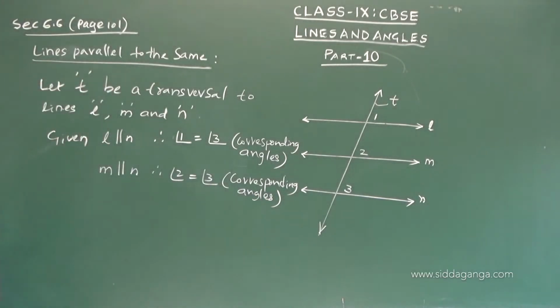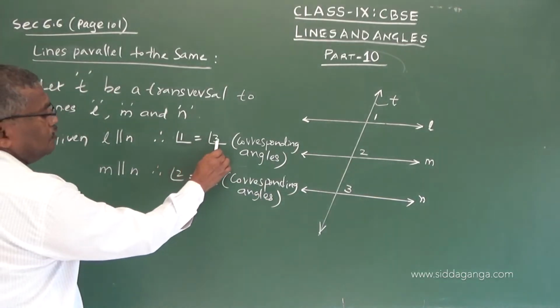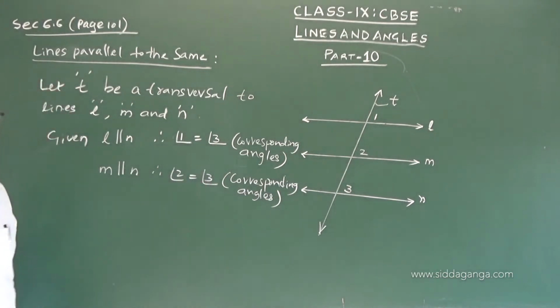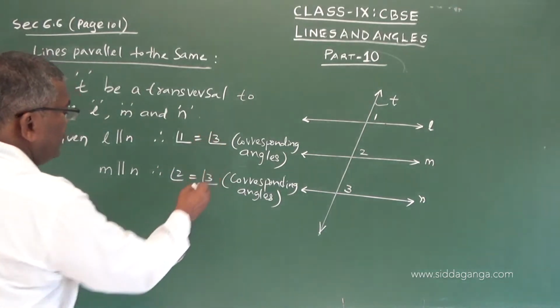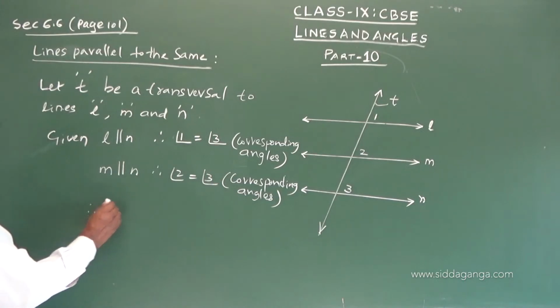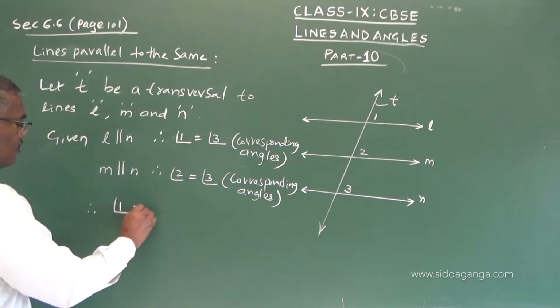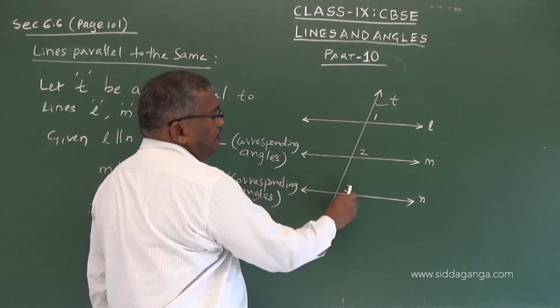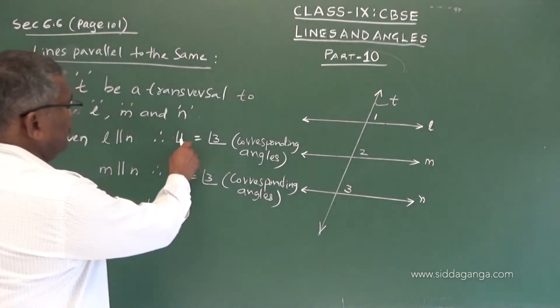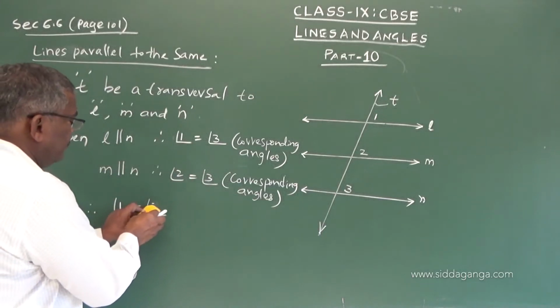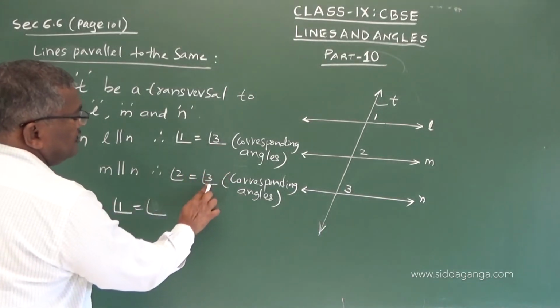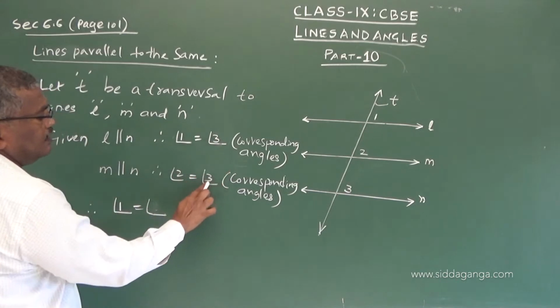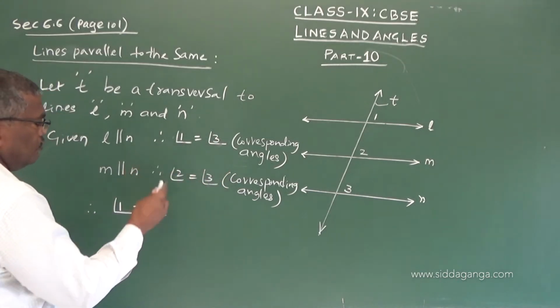So you can observe here angle 1 is equal to 3, 2 is equal to 3. From these two we can say angle 1 is equal to angle 2. See, on the right-hand side 3 and 3 are there, therefore 1 and 2 are equal.